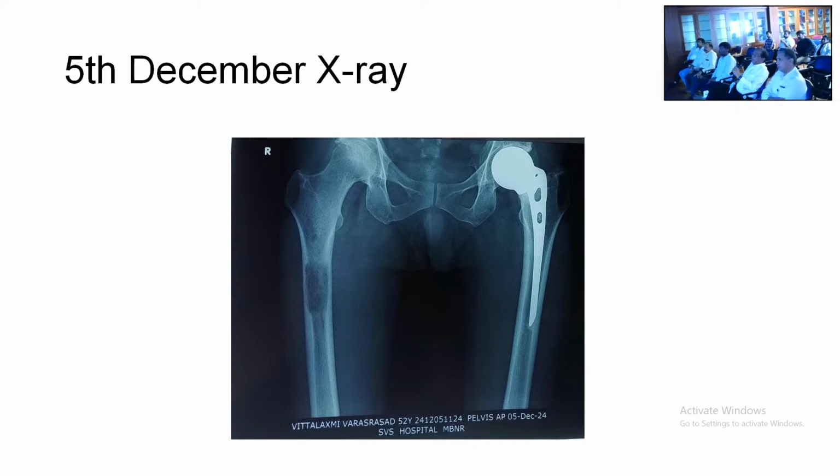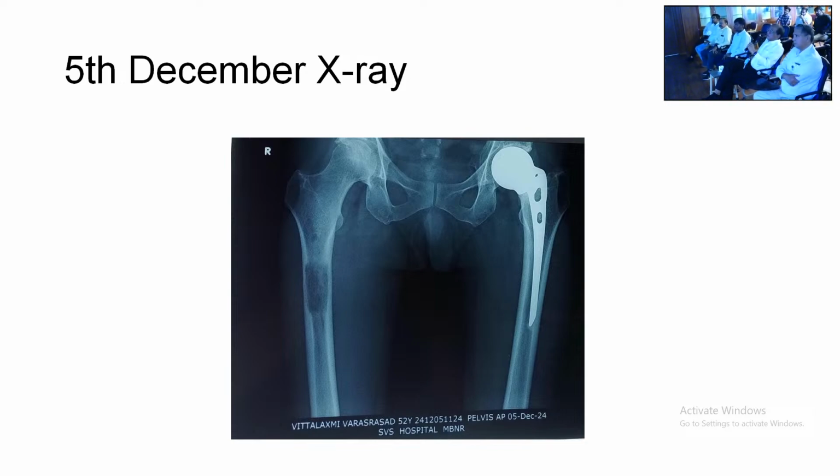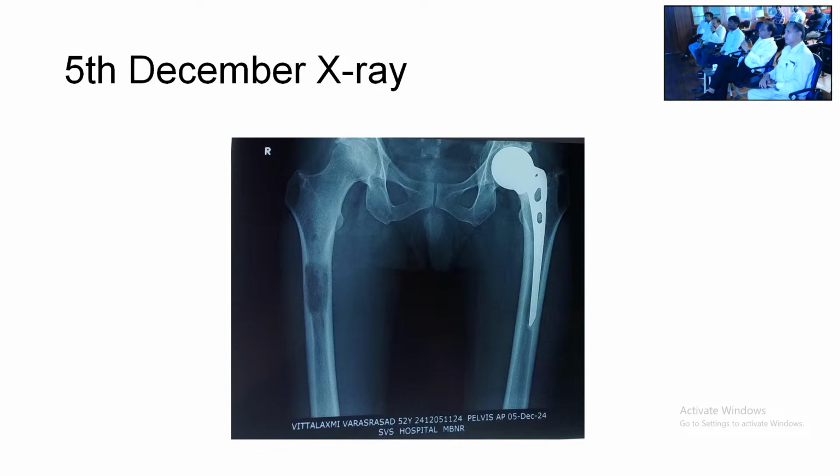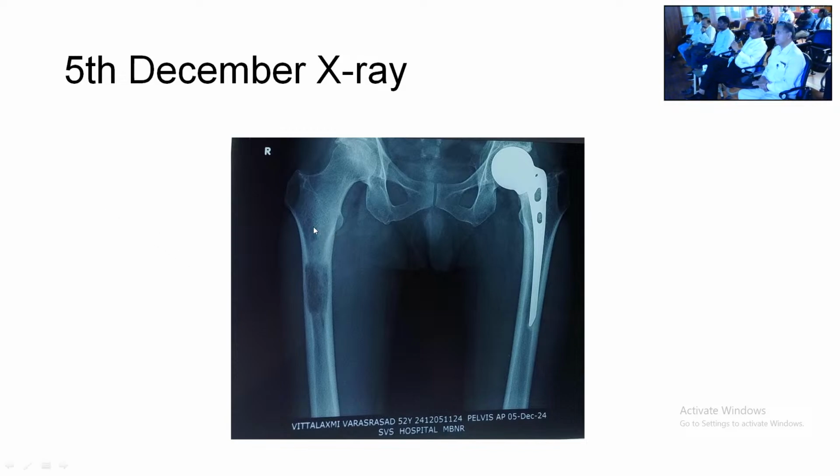Well defined or ill defined, how far? What happened to the medulla, what happened to the cortex? It's not well defined. Multiple lesions or a single lesion? Just looking at the X-ray, what do you suspect?